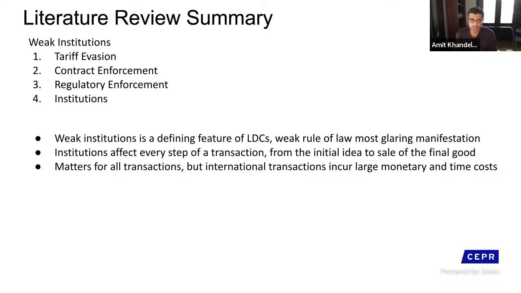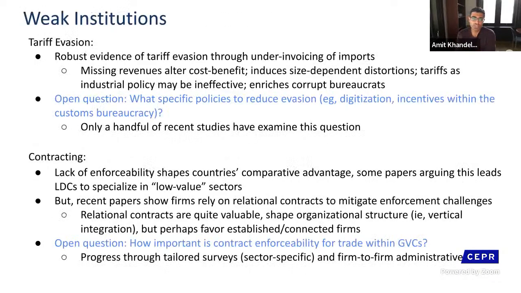But one thing that is unique or different about international transactions is they typically involve larger monetary costs and certainly larger time costs. And so that means that the role of institutions may be more important or more salient when thinking about international transactions.